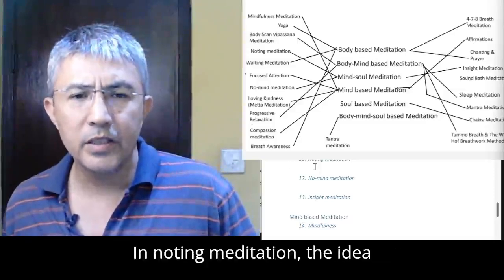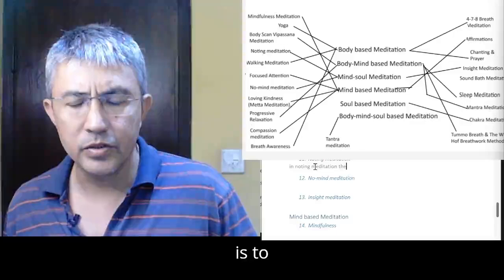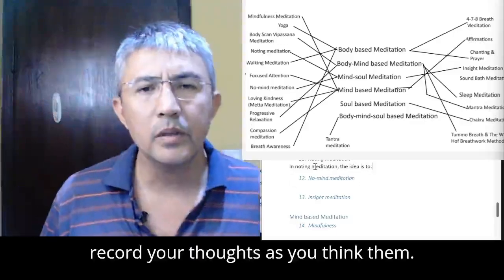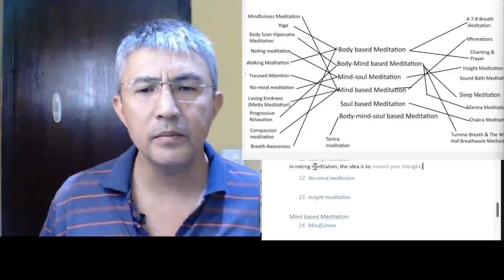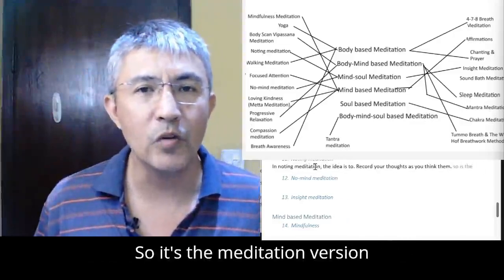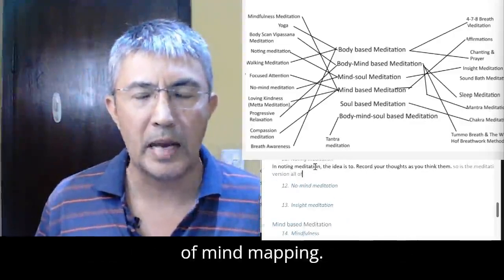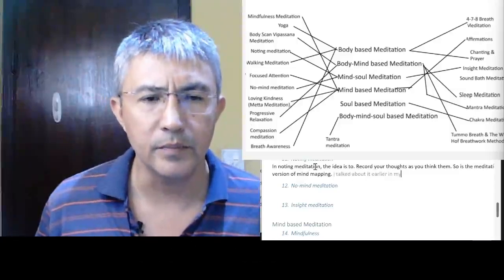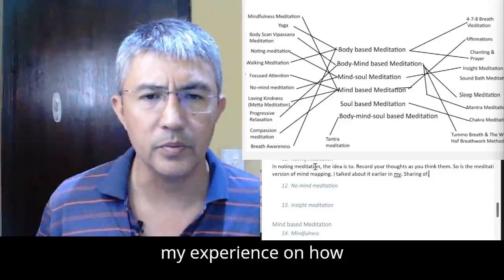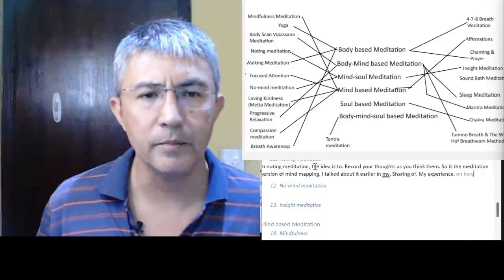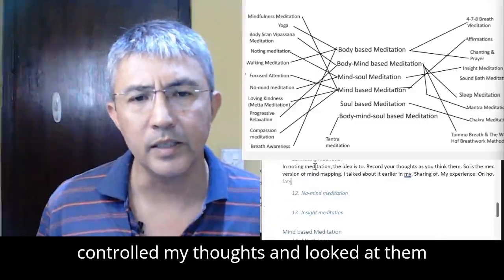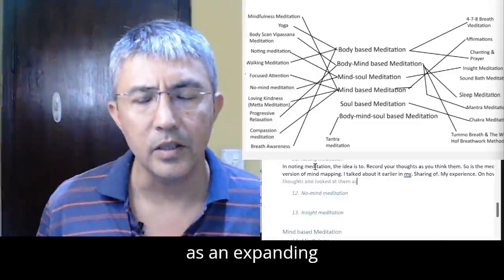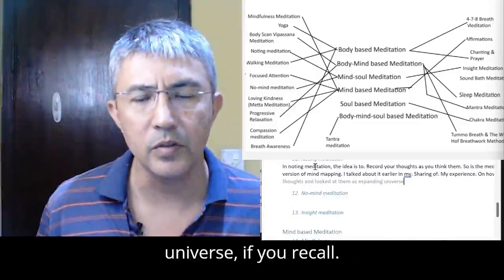In noting meditation, the idea is to record your thoughts as you think them. So it's the meditation version of mind mapping. I talked about it earlier in my sharing of my experience on how I controlled my thoughts and looked at them as expanding universe, if you recall.